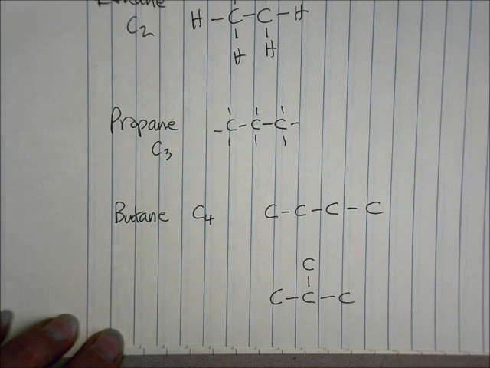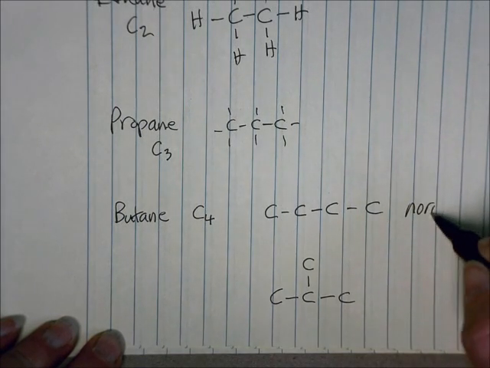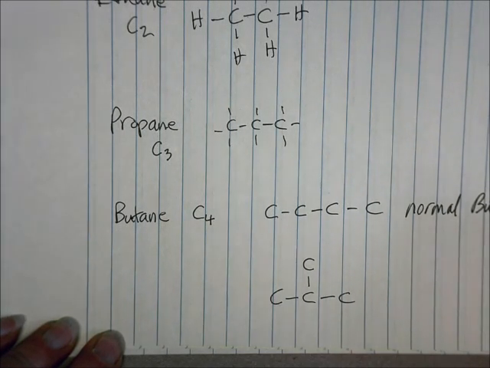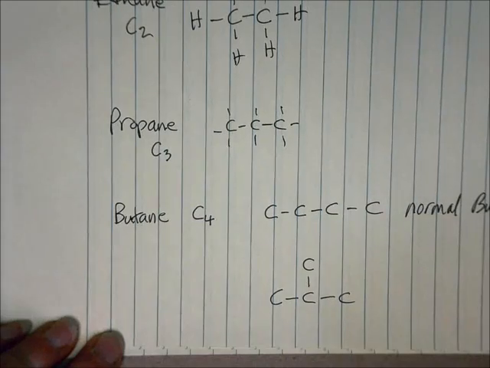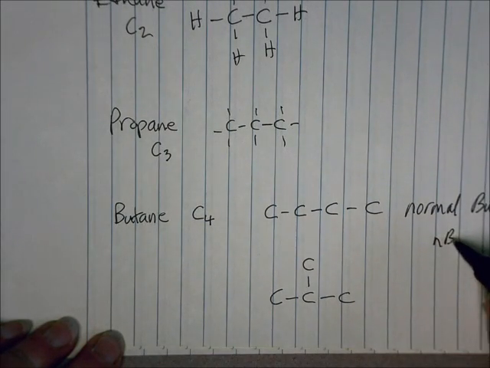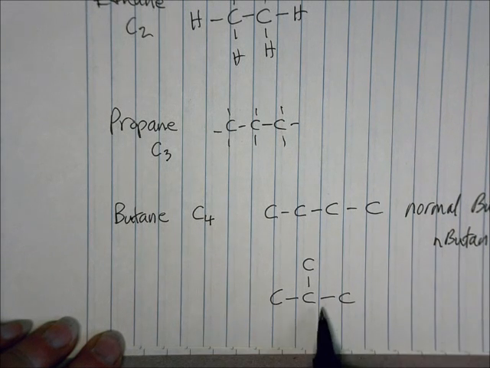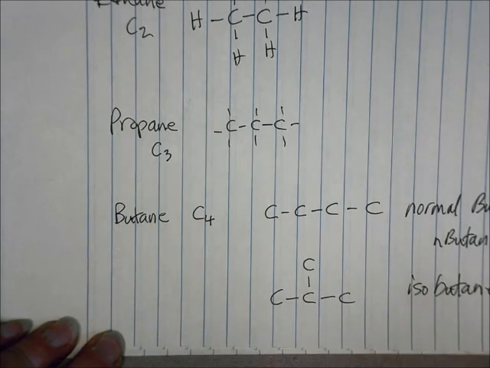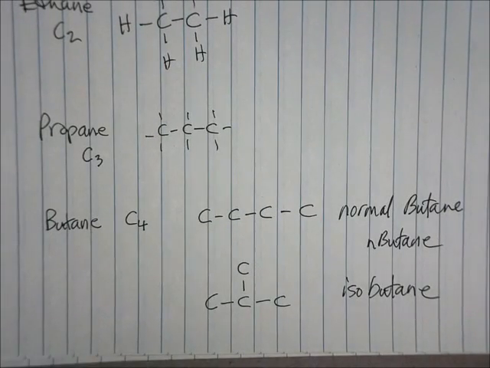The one that's all in a row is called normal butane. That's considered normal, just in a straight line. Normal butane, and then also can be abbreviated N butane. The one that has the arm or the branch going off of it is isobutane. So the straight line is normal.